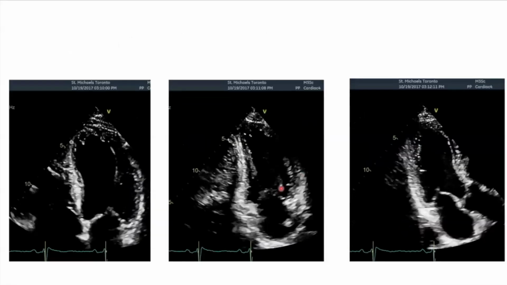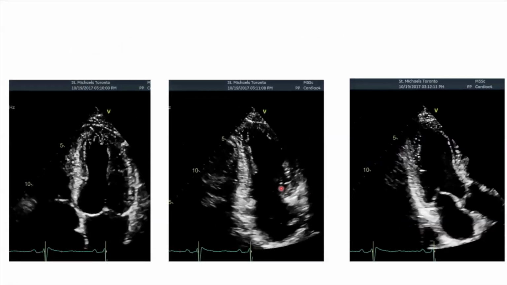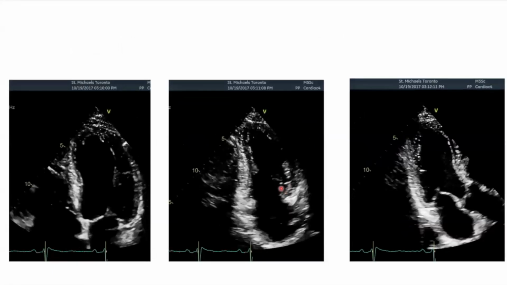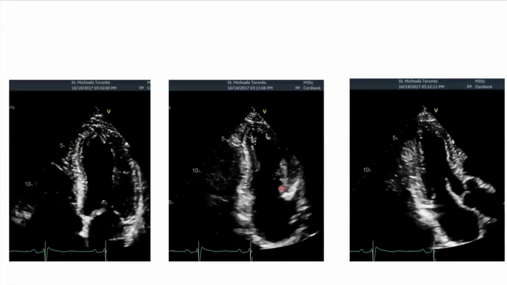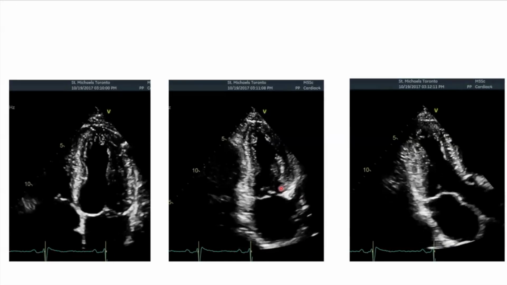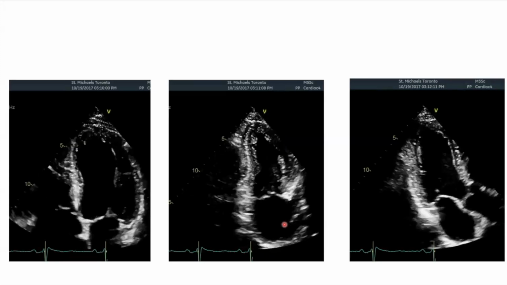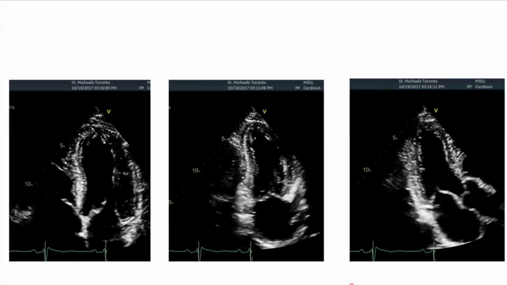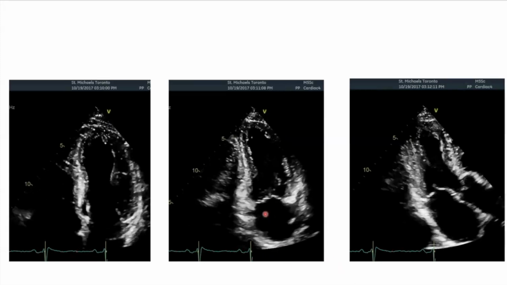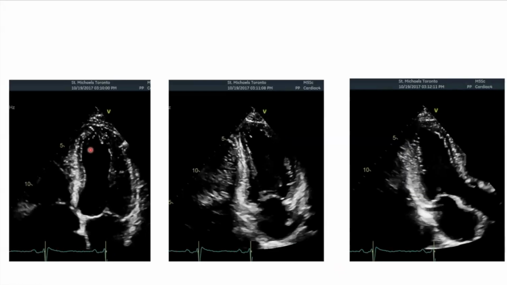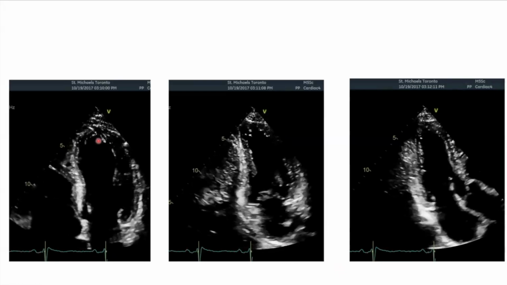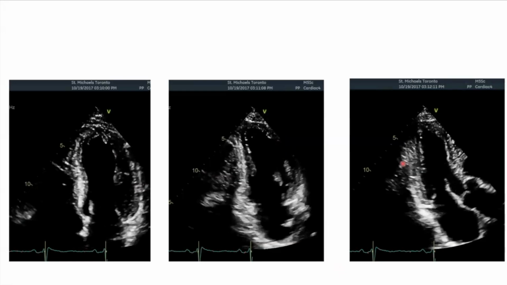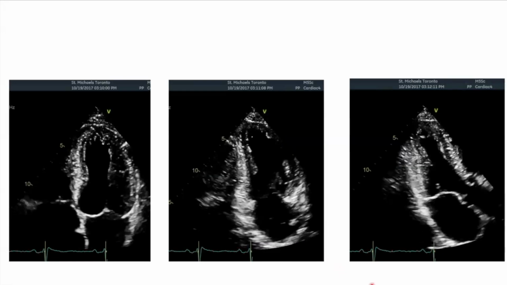This is another example just to highlight the point. These are the apical shots after a distal LAD occlusion. We can see some apical hypokinesis, but it's difficult to make out thrombus. You could call these trabeculations, but can't say for sure that there's thrombus here.